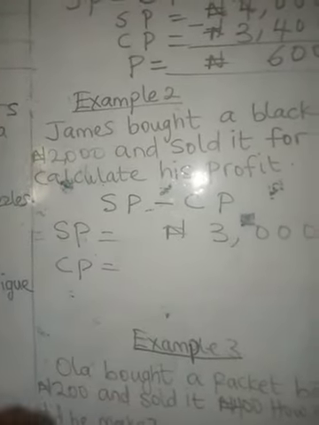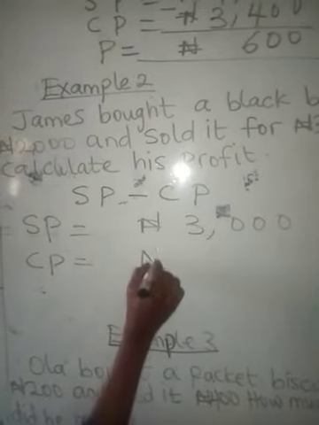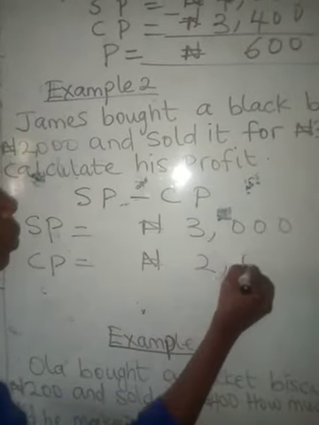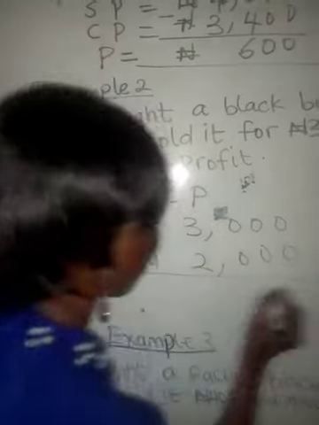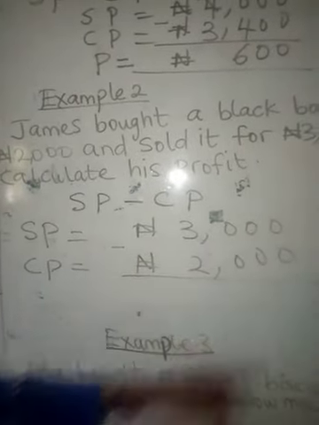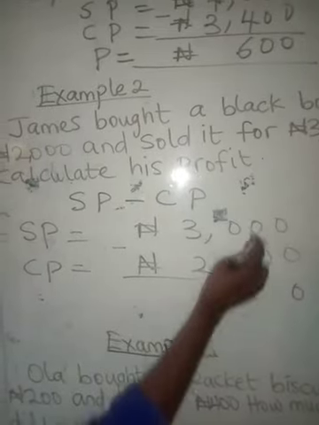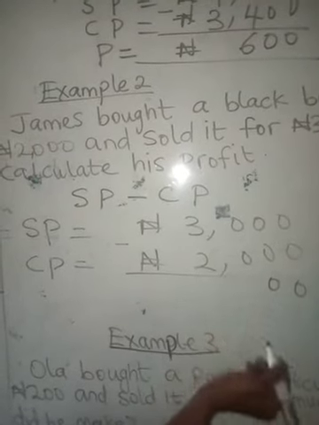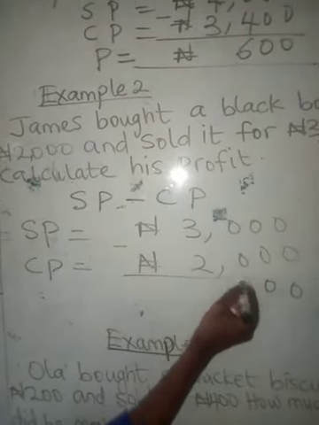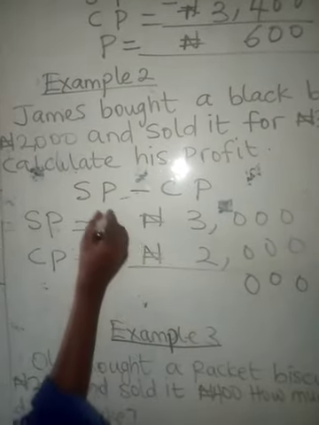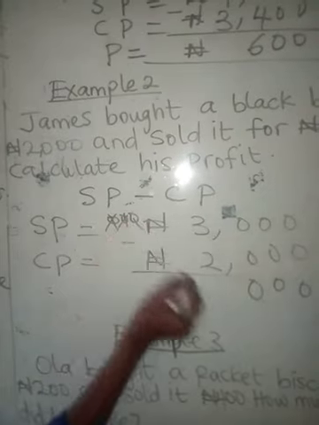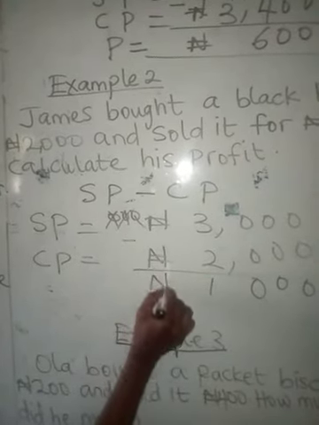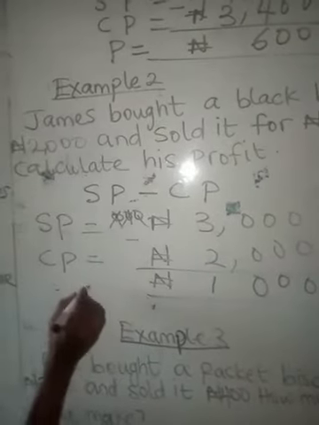Our CP is 2,000 naira. And we say minus. So let's solve. 0 take away 0 is 0. 0 take away 0 is 0. 0 take away 0 is 0. Now 3 take away 2, I have 1 left. So our profit here is 1,000 naira.